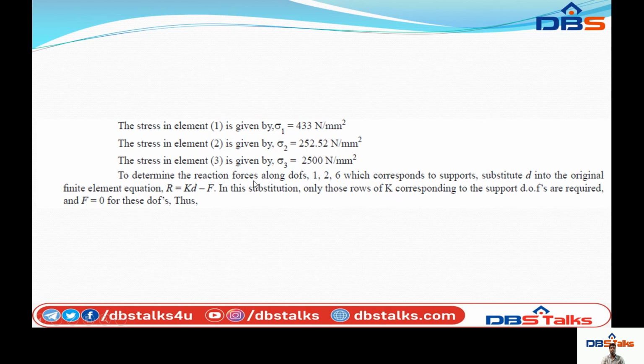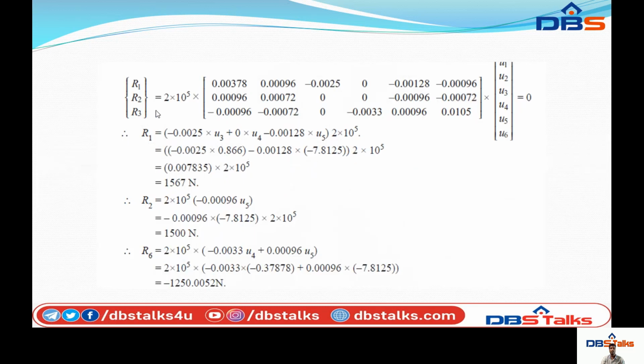Thus, in that problem, for element 1 there is a fixed support, so U1, U2 are fixed. Coming to element 3, in the horizontal direction U5 is movable, and U6 is fixed. There is no vertical direction at element 3. Degrees of freedom 1 to 6 are the supports. Based on the boundary conditions, we have to calculate the reaction forces for the structure.